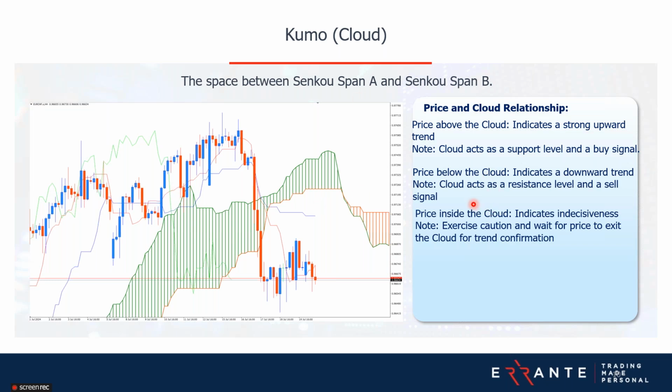When we have the price below the cloud, it indicates a downward trend, so we consider the cloud as acting as a resistance level, and each rebound to the cloud, if the price can make it, will be considered a sell signal. And there is a situation we have.